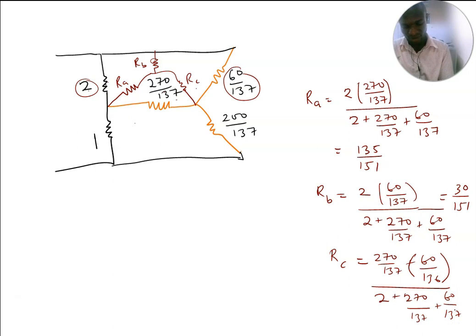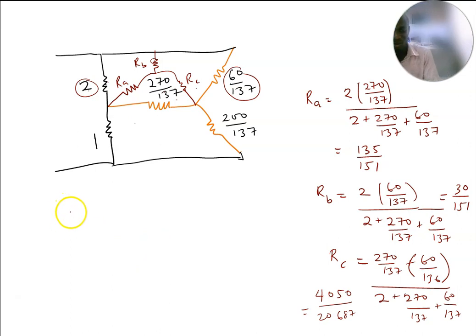The final answer for that one is going to be 270 on 137 times 60 on 137. Okay, so it's going to be a very huge number, of course. It's going to be 4050 all on 2687. That's going to be the final answer. A very huge number, of course.